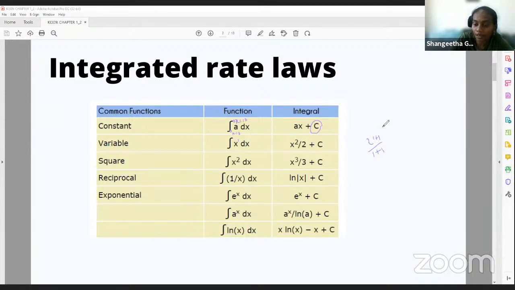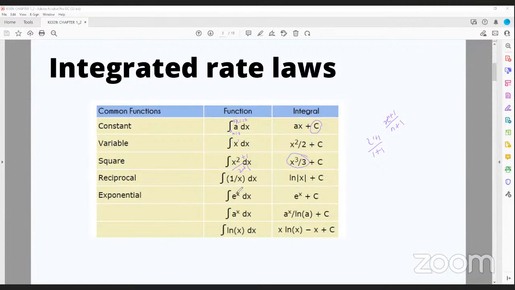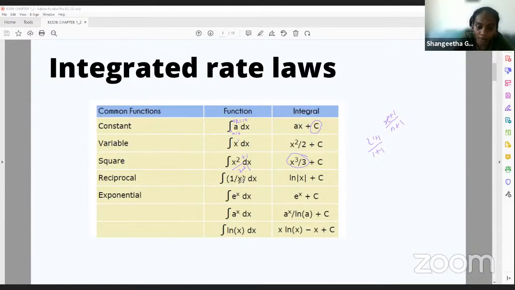In another method, if you want to write it, it is x to the n plus 1 over n plus 1. So that's why it becomes x squared over 2. If it is x squared, then it is x to the 2 plus 1 over 2 plus 1, that's why it becomes x cubed over 3. So these are very simple laws of integration that you just have to remember.